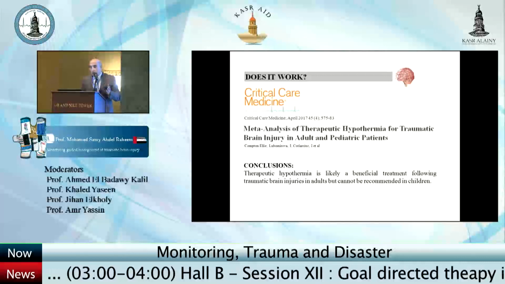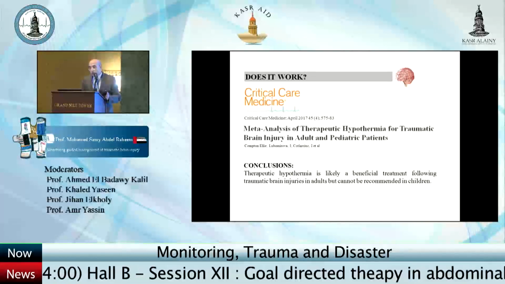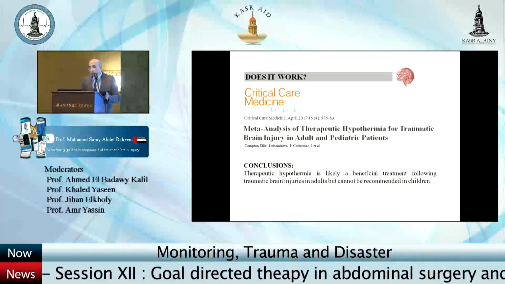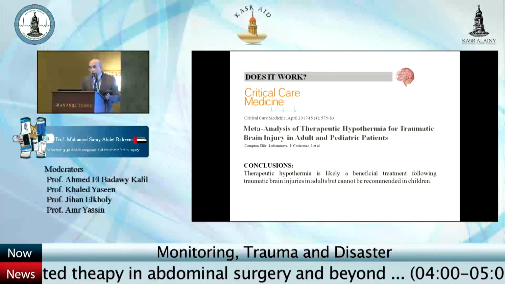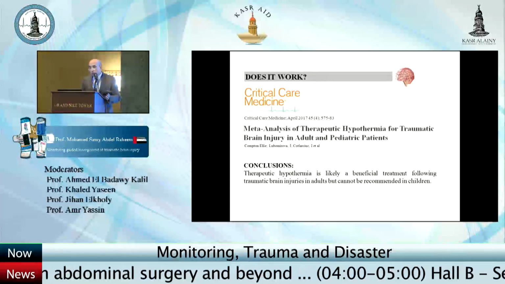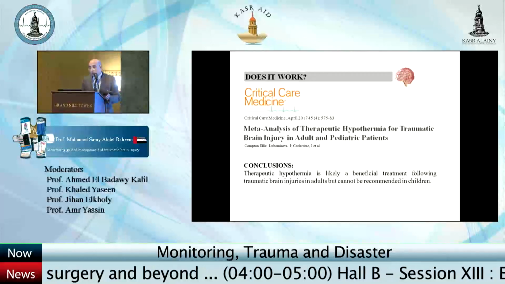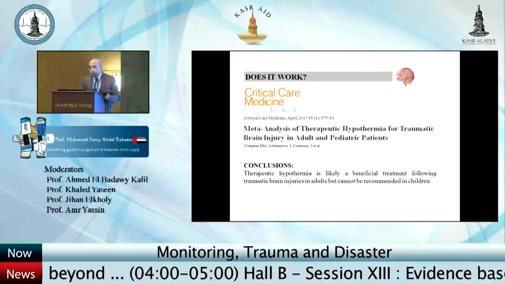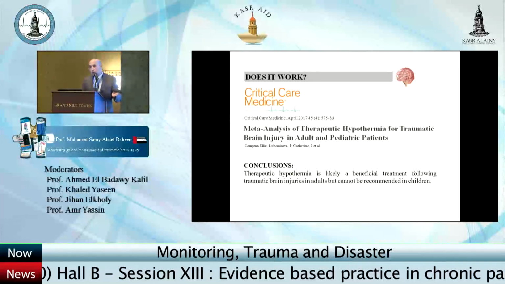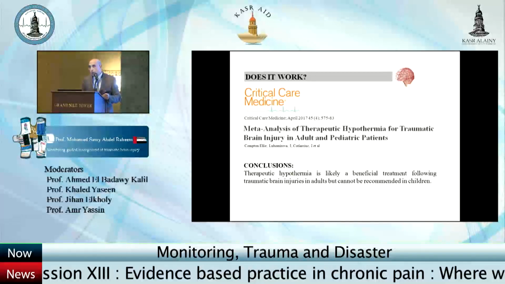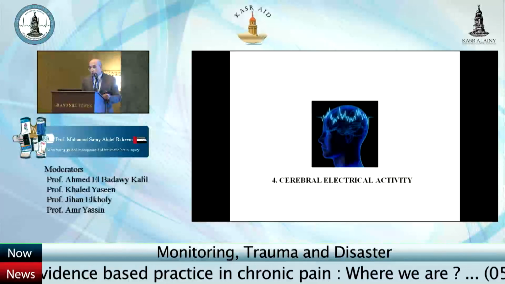However, a bit later, in 2017, there is this meta-analysis published in Critical Care that put some more hope on therapeutic hypothermia use, and they said that it is likely a beneficial treatment following traumatic brain injury in adults. So the jury is not there yet to tell us whether to use therapeutic hypothermia or not.